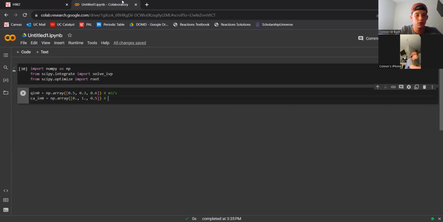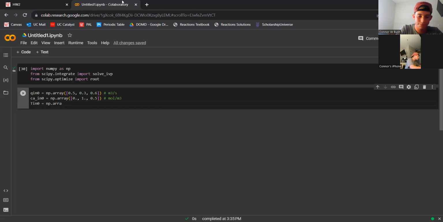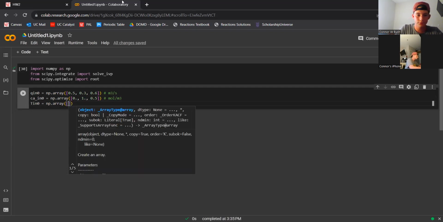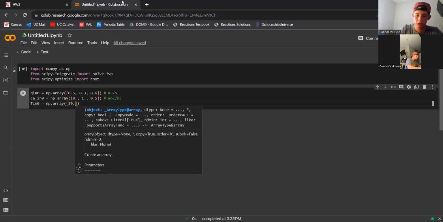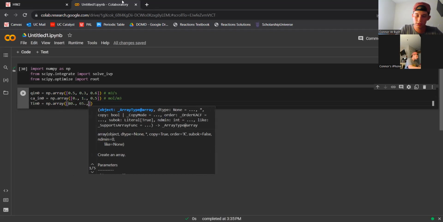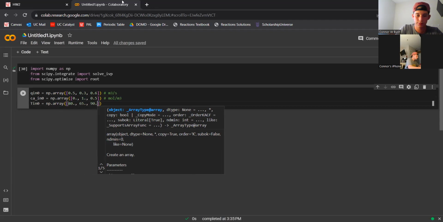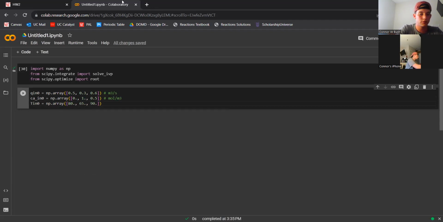These are all in moles per cubic meter, and then T_in0 as an array. Then we have 80 degrees, 65 degrees, and 90 degrees, all in units of degrees Celsius.